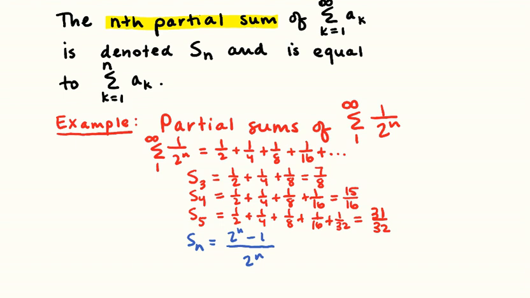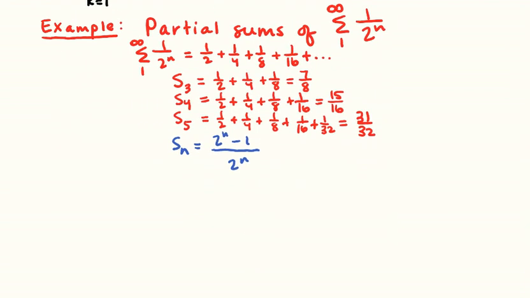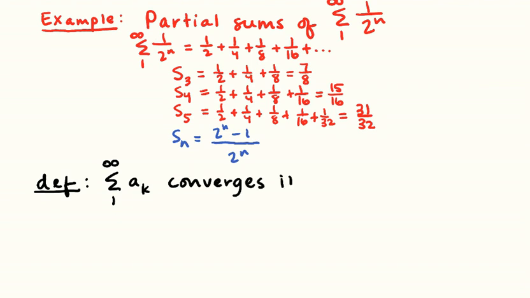Now, I'm going to scroll down a little bit, and I'm going to say that the series converges if the limit of the nth partial sum exists as n goes to infinity.